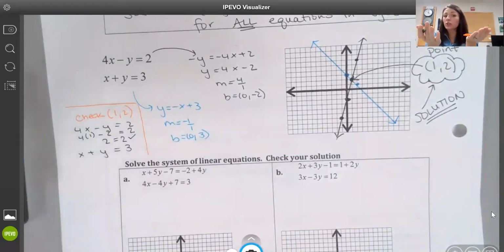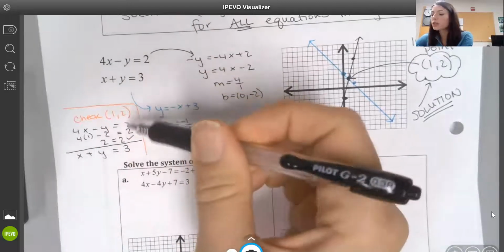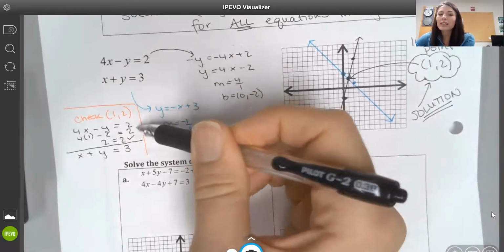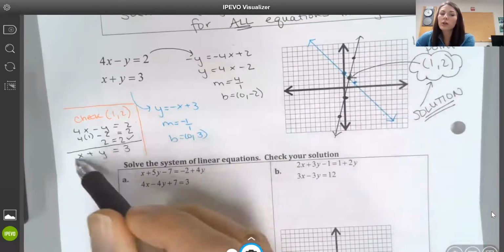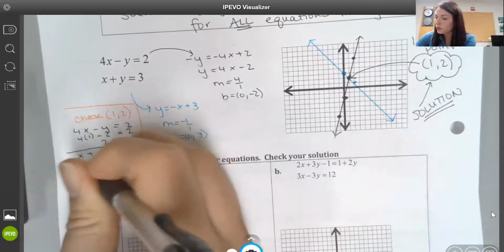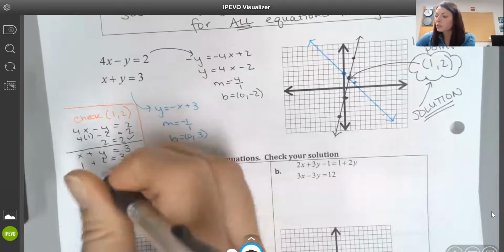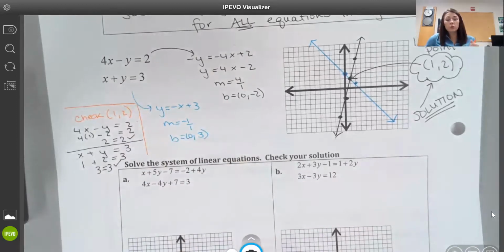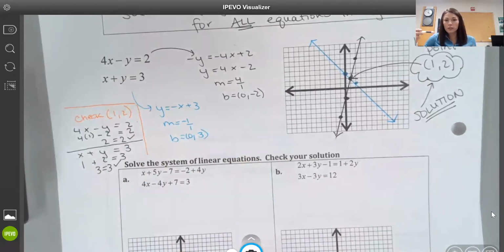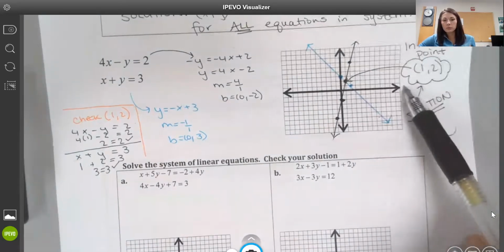Okay, so that means 1, 2 is a solution for my first equation, but it doesn't need to just be a solution for this line. It also needs to be a solution for this line. So now I'm going to plug in 1 for x and 2 for y in my other linear equation, which gives me 3 equals 3. So by checking it, I've proved that 1, 2 works, that it's a solution for both this line and that line, and it's a solution to my system.